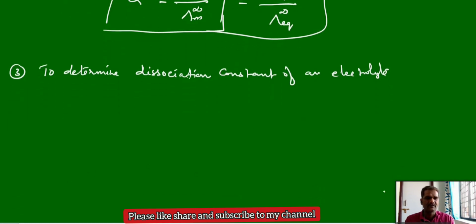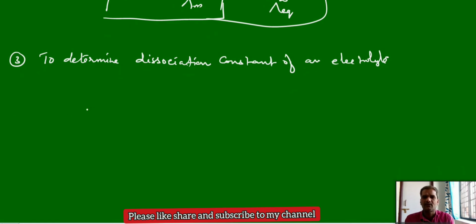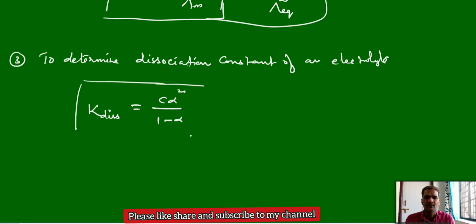Especially we can use this for weak electrolytes. The dissociation constant K is equal to C alpha square by 1 minus alpha. According to Ostwald dilution law, this is the formula.